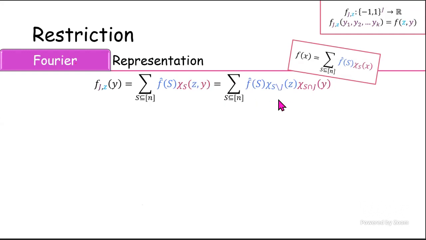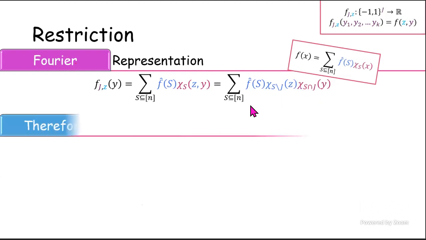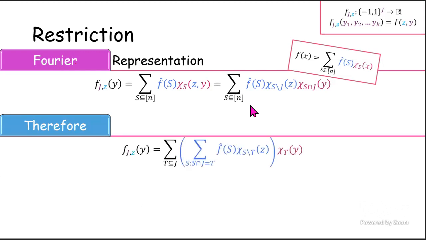So what we have here looks like a Fourier representation, but it's not exactly how we used to see it, because every character here might appear more than one time. Different characters S might have the same intersection with J, the same set of alive variables. So let's sum up all of them together.